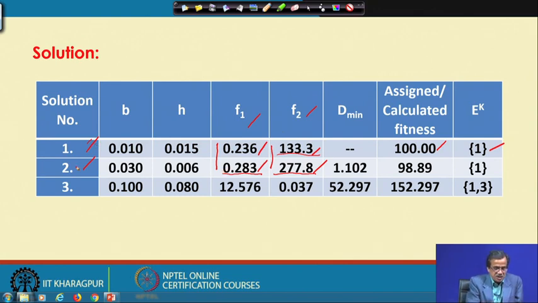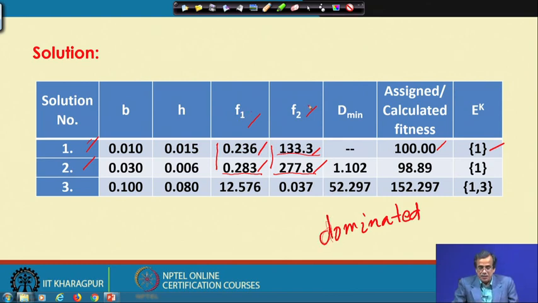That means, the second solution is a dominated one with respect to both F1 and F2. That means, this second solution is not going to enter the non-dominated set. So, the non-dominated set will contain only solution 1.